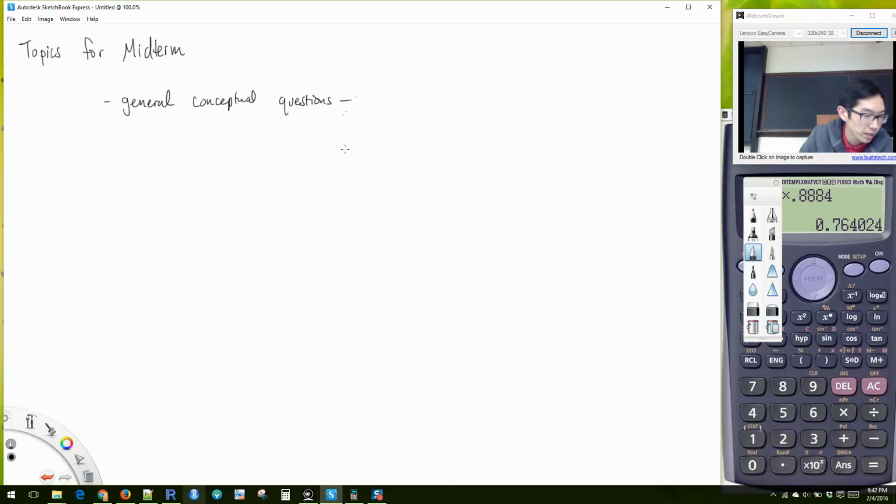So stuff like definitions of the mean, median, standard deviation. Maybe you should be familiar with the empirical rule for the normal distribution.